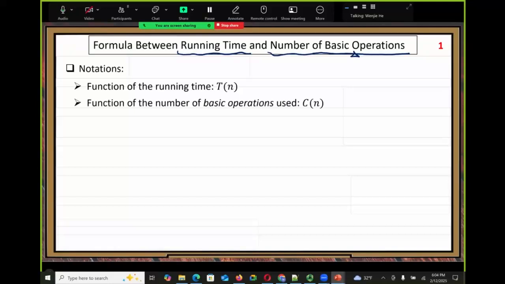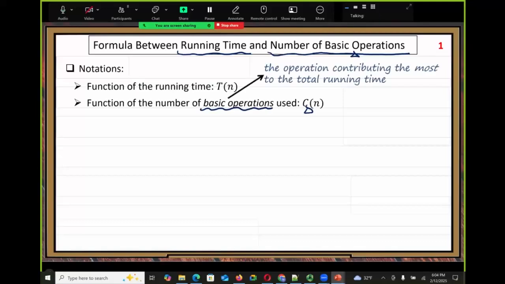Here first we need to explain the meaning of this basic operation. If you count that number, we use the capital C function. This basic operation means the operation contributing the most to the total running time.